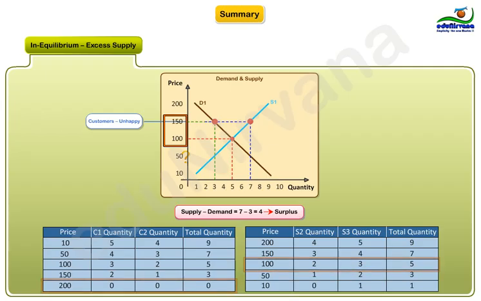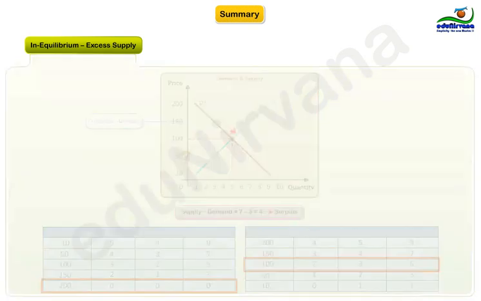Suppliers are happy, but the buyers are not. Here, the suppliers would be saddled with excess inventories as there are fewer takers. This would propel them to reduce prices to get back to the equilibrium price and quantity.